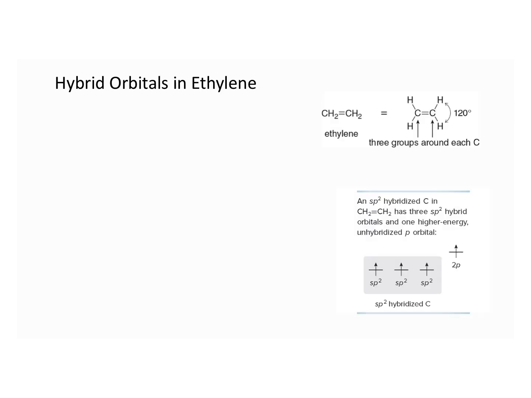Now, let's talk about double bonds for a second. We're going to look at ethylene for this, which is sometimes called ethene. And when we have a double bond, what's happening here is we have those hybrid orbitals with sp2, sp2, sp2, and then we have a 2p, or a p orbital.